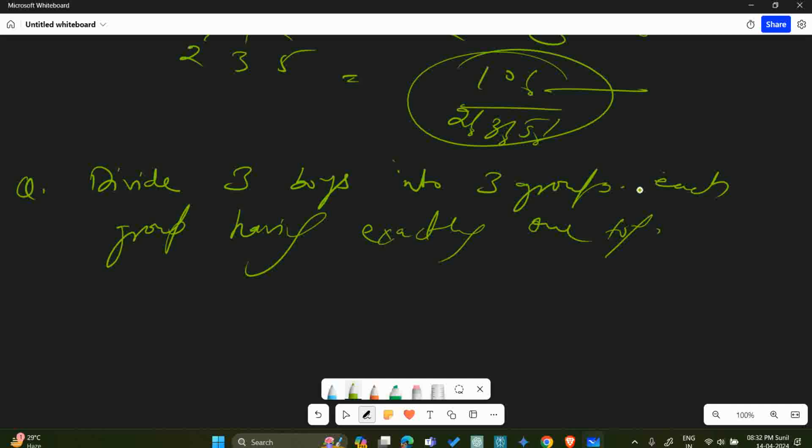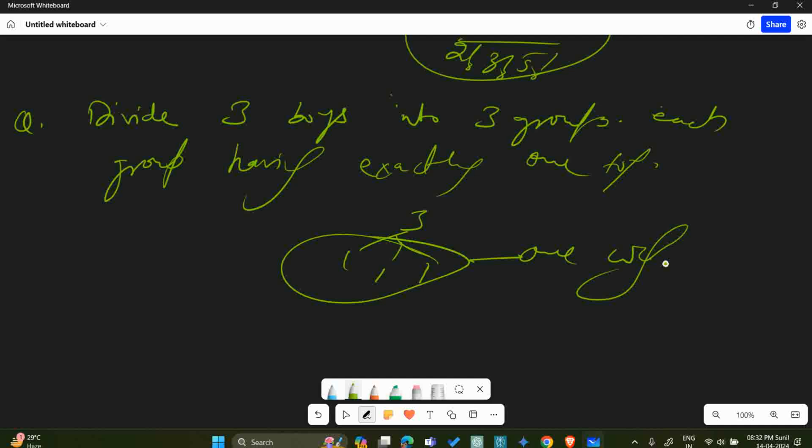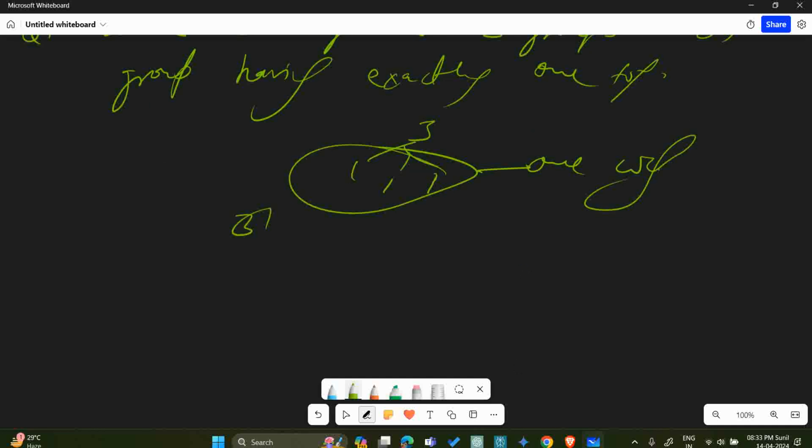Like one toy for each boy. This is not the case: 3, 1, 2, 1, 1, 1. How many ways? Only one way is there, right? The direct formula would be 3 factorial upon 1 factorial, 1 factorial, 1 factorial, and it will be 3 factorial, 1 only.